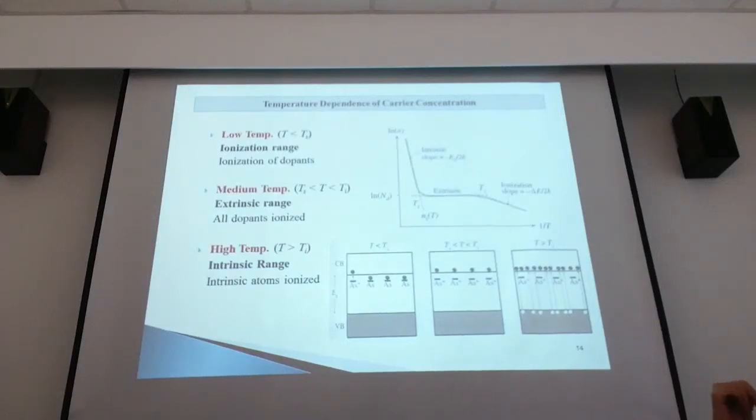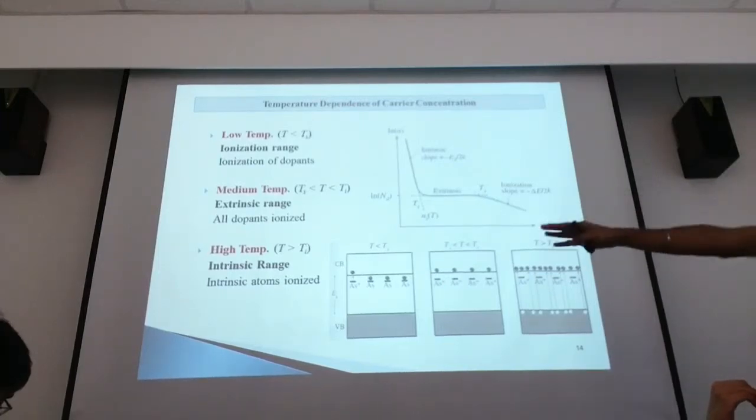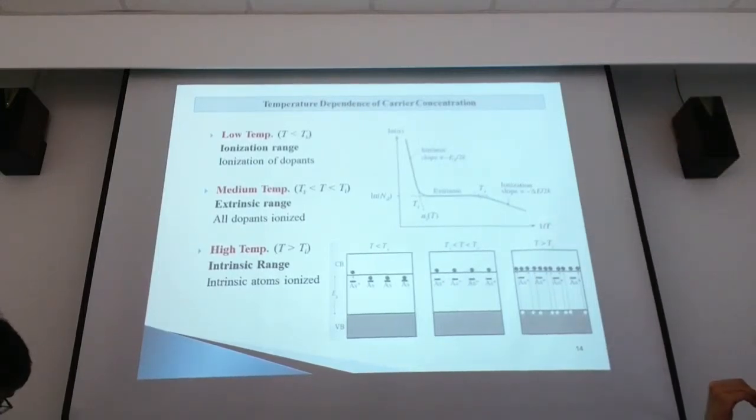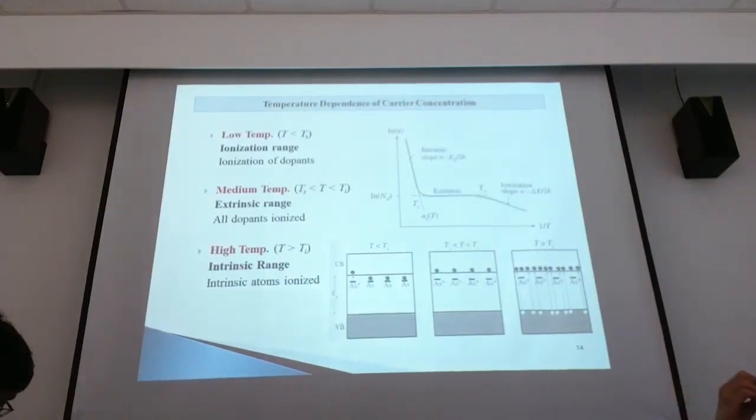When you have a neutral particle and you take its charge or give it charge, you are ionizing the dopant. So ionization of dopants is in the low temperature range, the right hand side of the curve. You don't have to do anything with that. The medium temperature range is extrinsic, with all dopants ionized, and at high temperature you have only intrinsic atoms ionized.